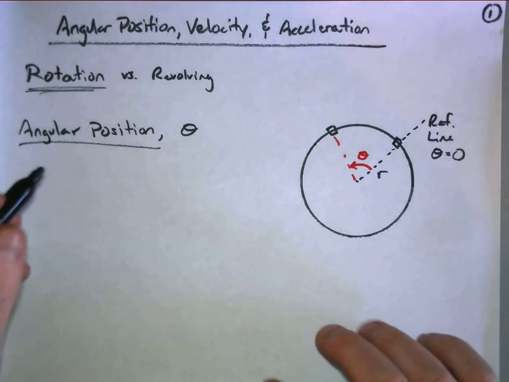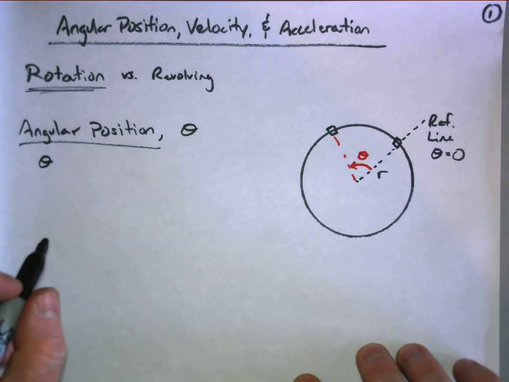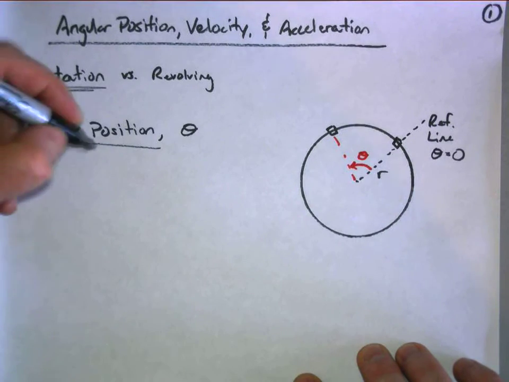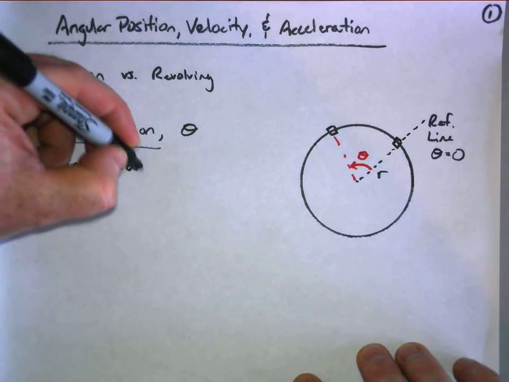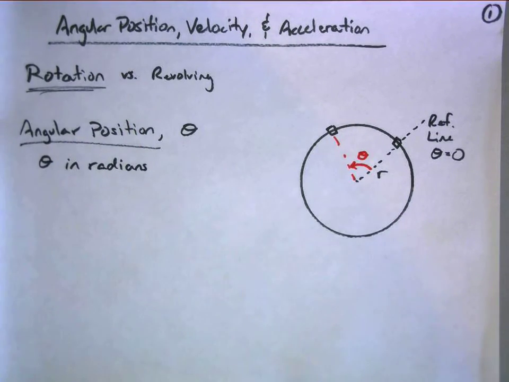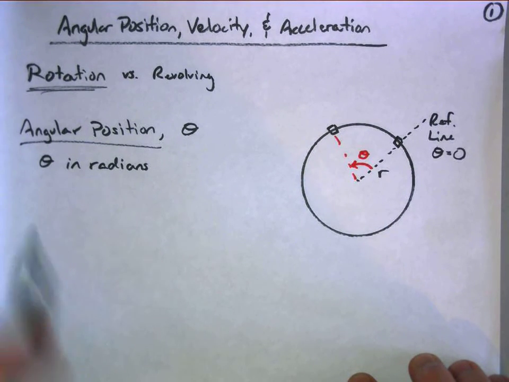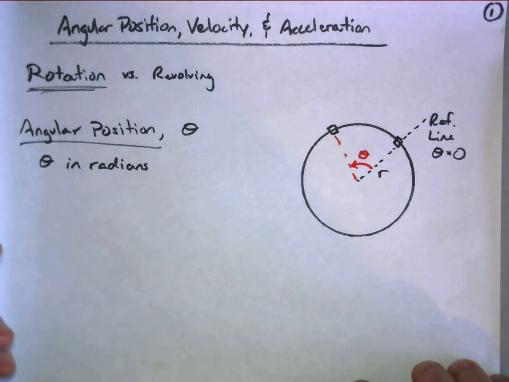But this angular position, so theta, is just an angle measured from that reference line, but it's measured in radians. And that is simply because using radians for our measure of this angle is going to be much more convenient for us than it would be to use degrees. But it's very easy to convert from degrees to radians, or the other way around also.